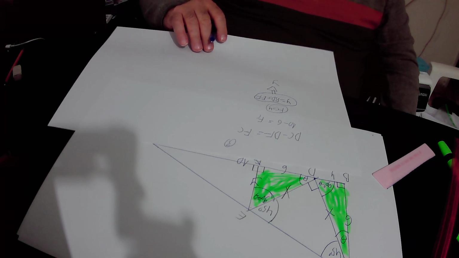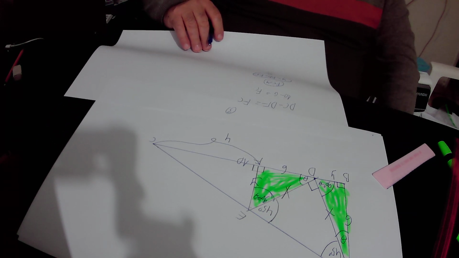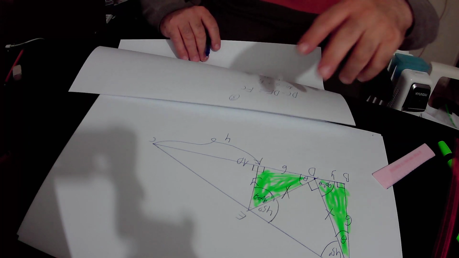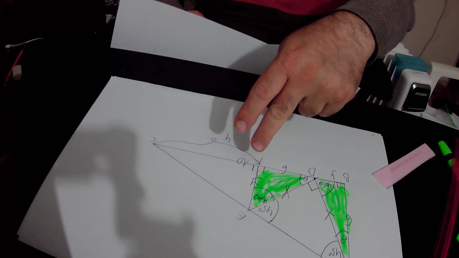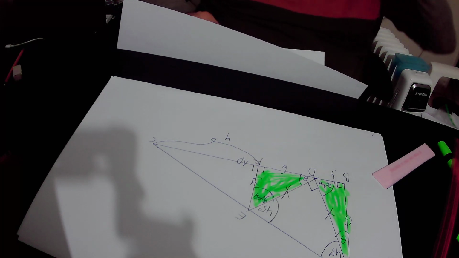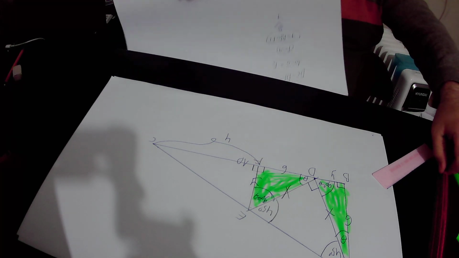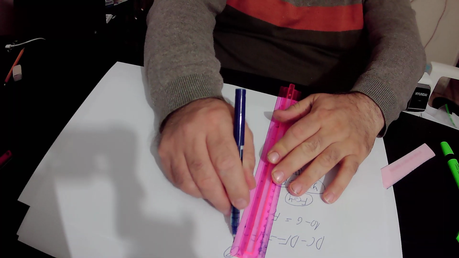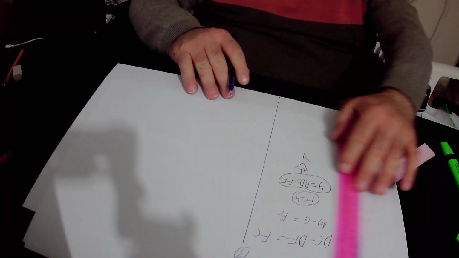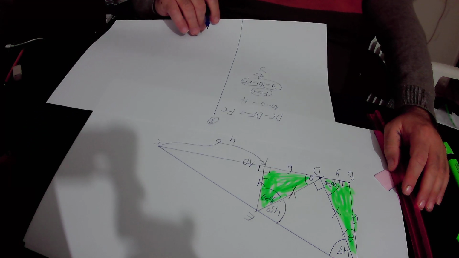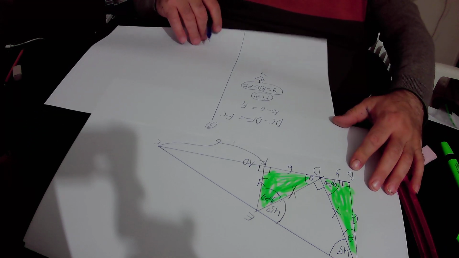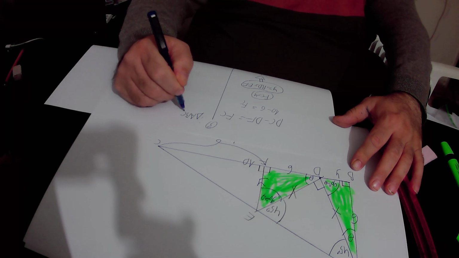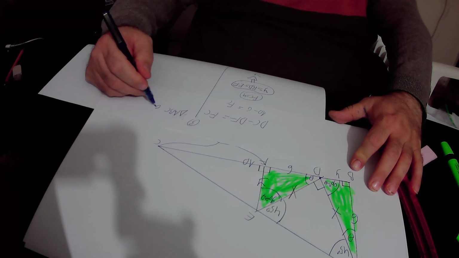In the next step, we'll prove that the big right triangle, triangle ABC, is similar to the small right triangle, triangle EFC. Why are those two triangles similar to each other? First of all, write it down, triangle ABC and triangle EFC.